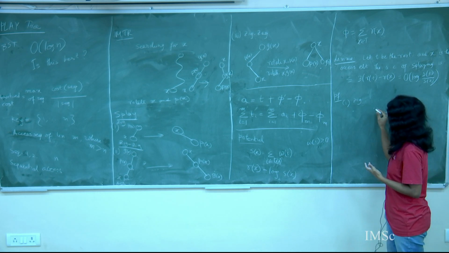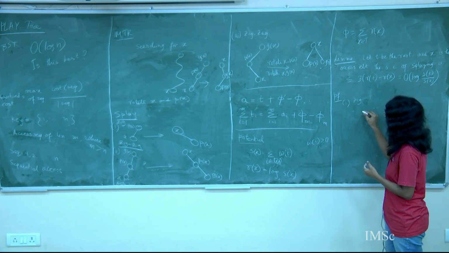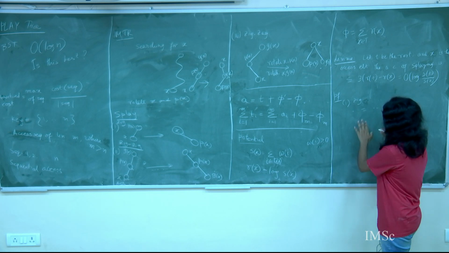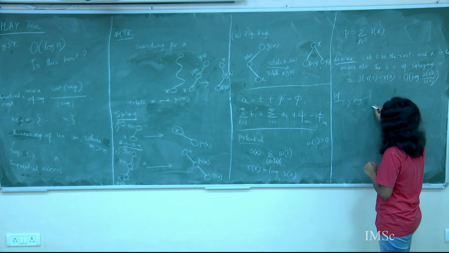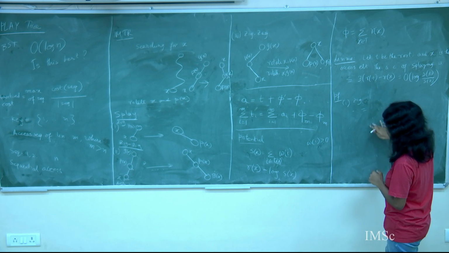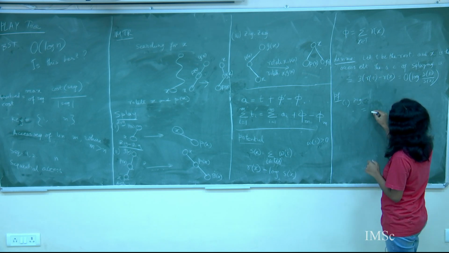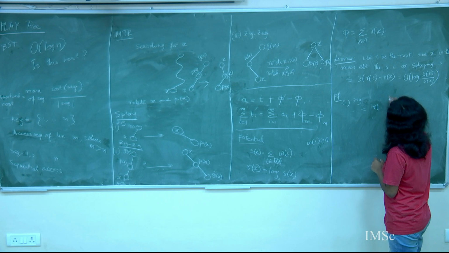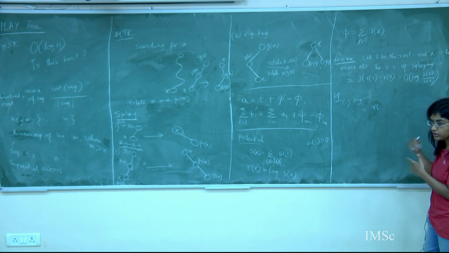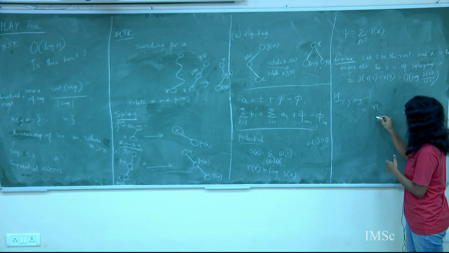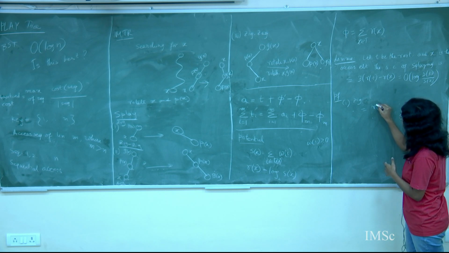So the cost will be at most the potential difference. So what was it? Here only x and p of x are changing, so the rest of the terms will cancel out. Say r prime is the new potential.